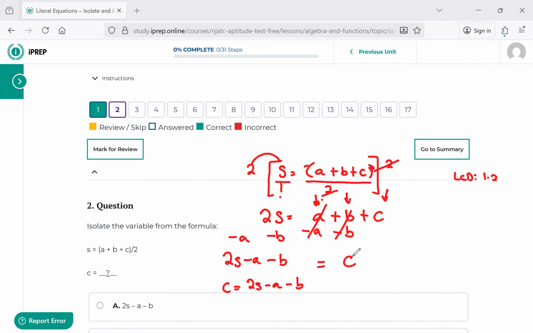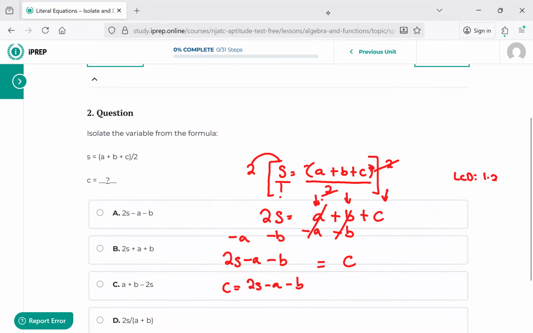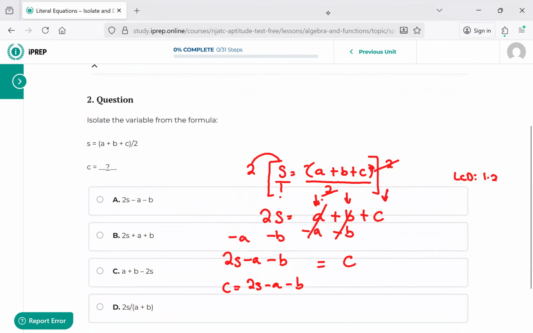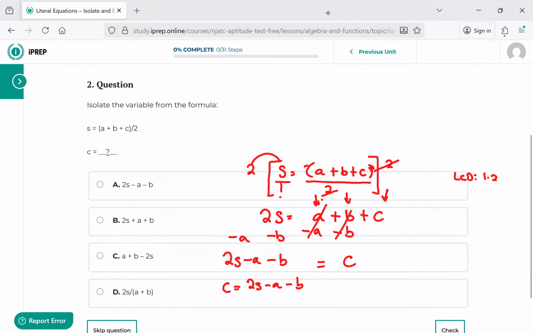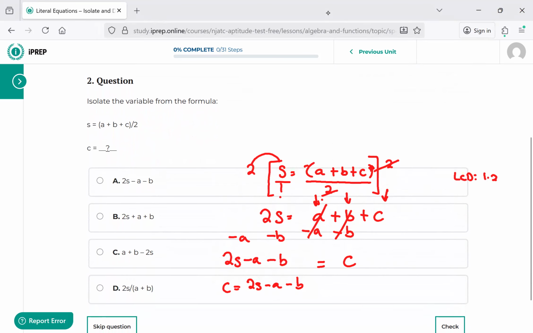This doesn't change the problem. So my answer will be 2S minus A minus B. Letter A, right? 2S minus A minus B.